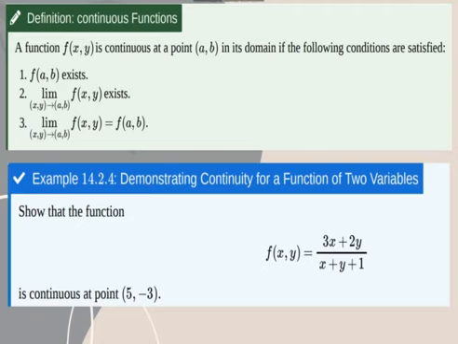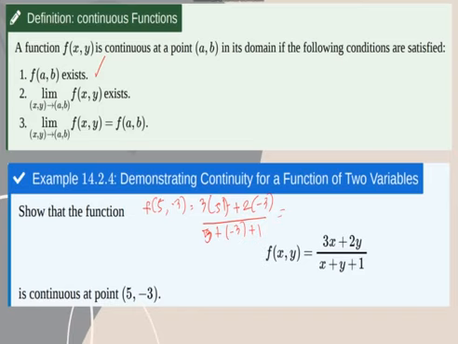Suppose we have the function f of xy, which is equal to 3x plus 2y over x plus y plus 1 at point 5, negative 3. So, using number 1, we have f of 5, negative 3. 3 times 5 plus 2 times negative 3 over 5 plus negative 3 plus 1.